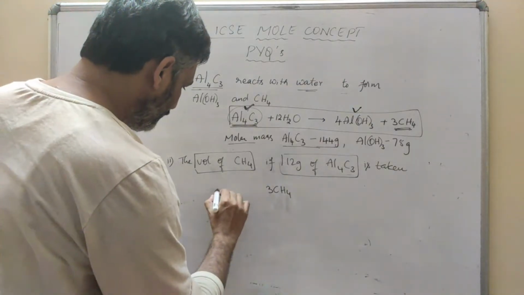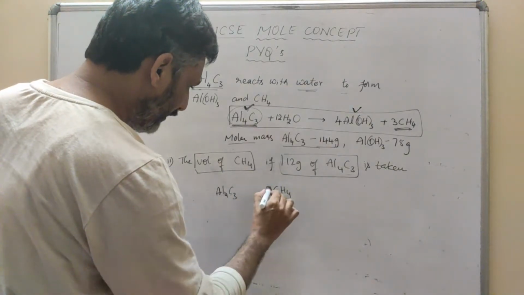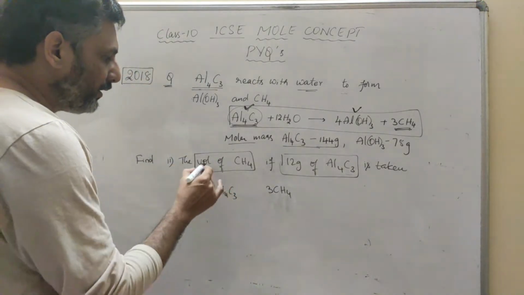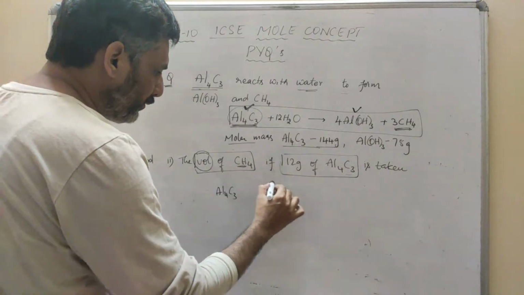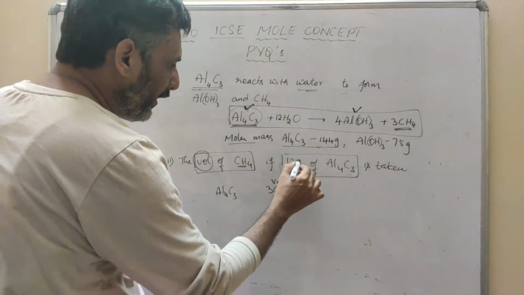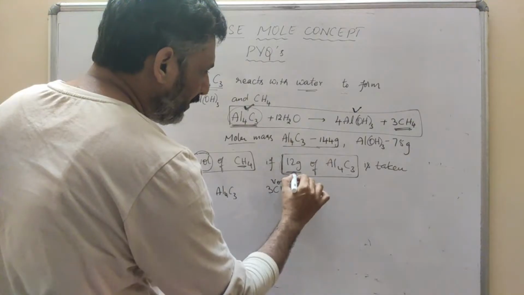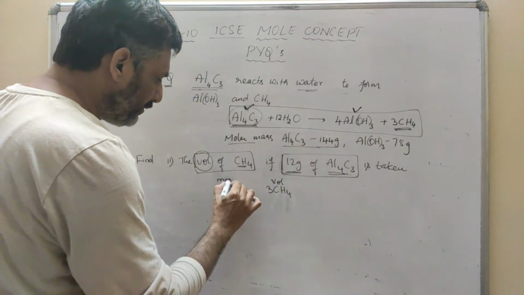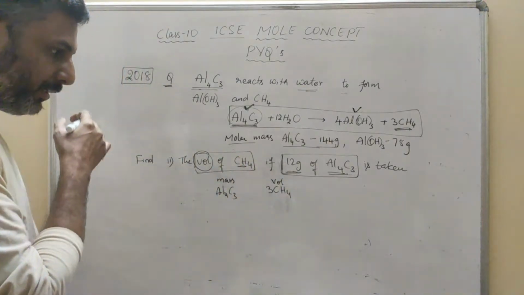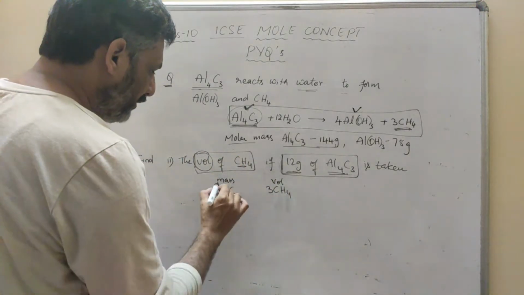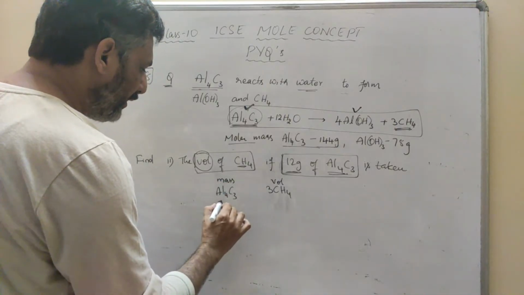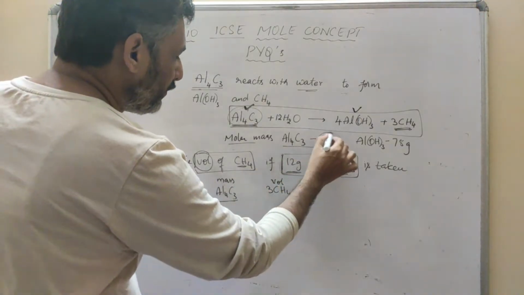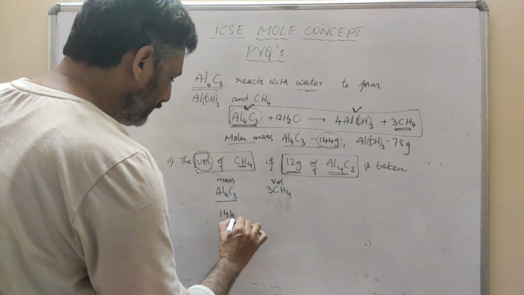Here the relation is between mass, 12 grams of Al4C3, and volume of CH4. Where you have mass, you take molar mass. What is the molar mass of aluminium carbide? 144 grams.